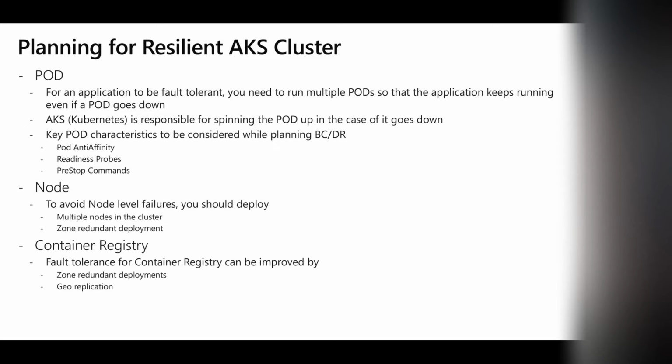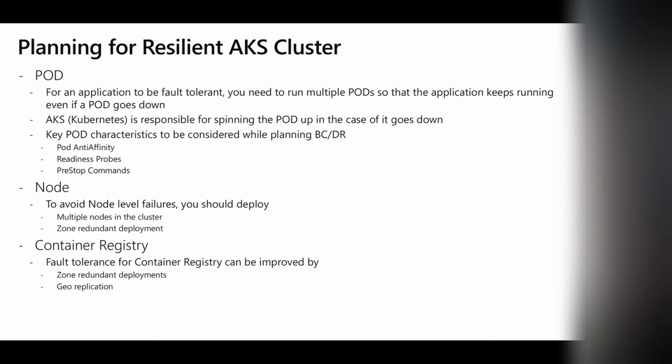With that, it will not schedule pods from the same application on the same node; it will try to schedule them on different nodes. This is to avoid the scenario I just described, where a node goes down and your application goes down. That's one. Second is the readiness probe. Let's say your application comes up. As soon as the container comes up, AKS is going to say, let me send traffic to your application.